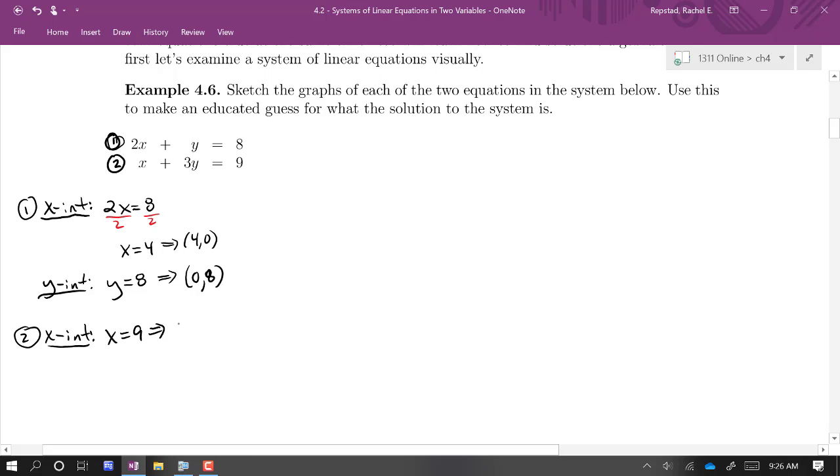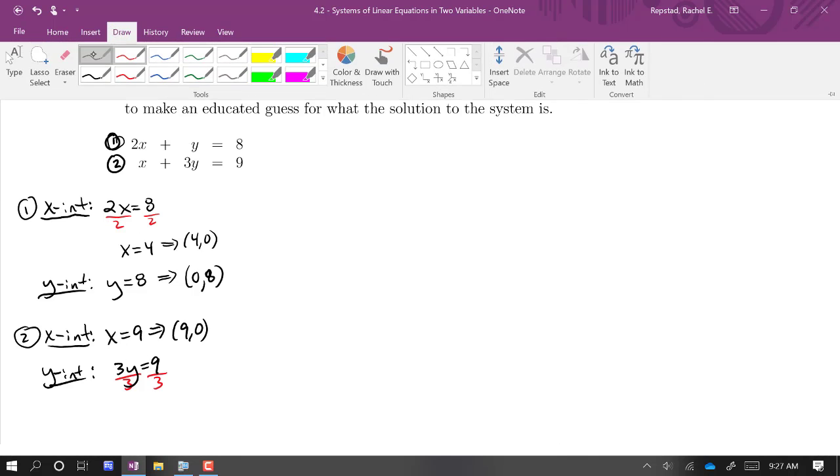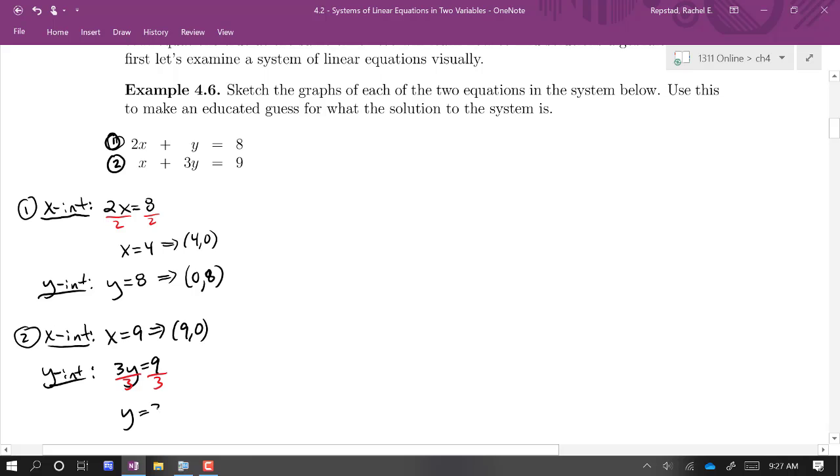So our second line has an x-intercept of (9, 0). For the y-intercept, we set x equal to 0, and we get the equation 3y equals 9. Dividing both sides by 3 gives the result y equals 3. And so the second line has a y-intercept of (0, 3).